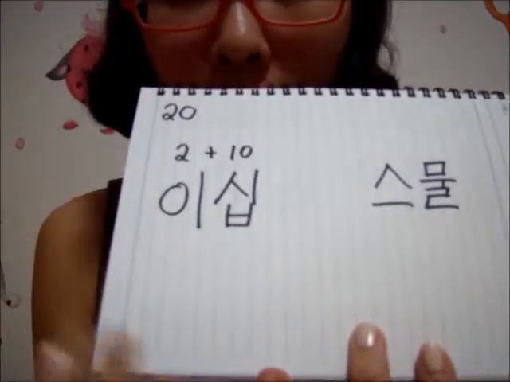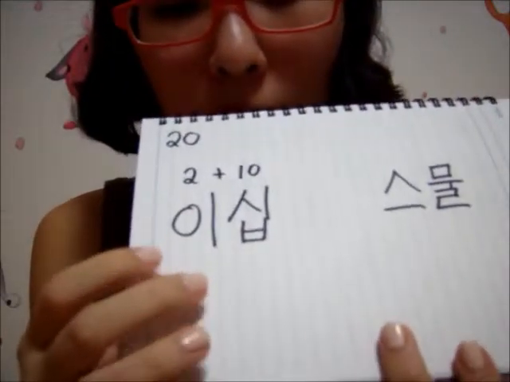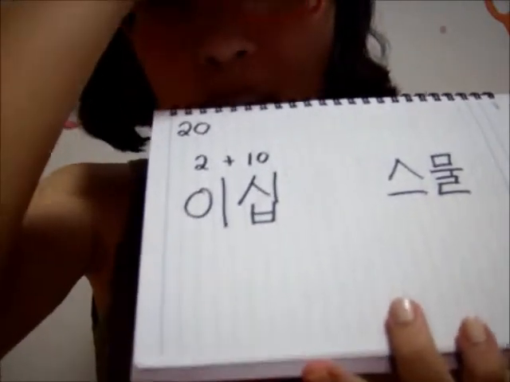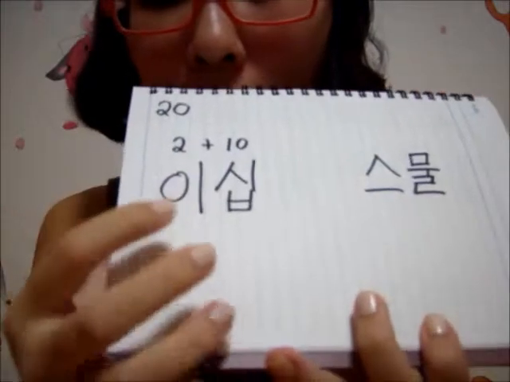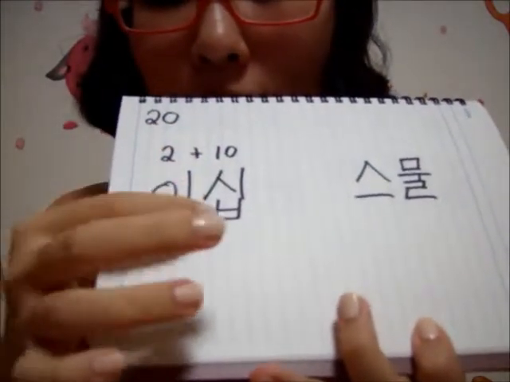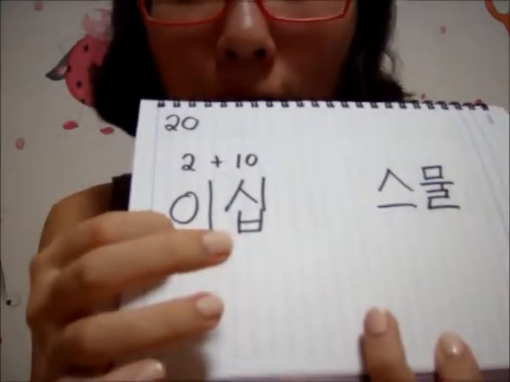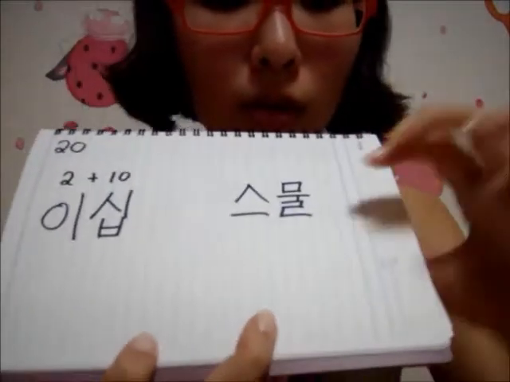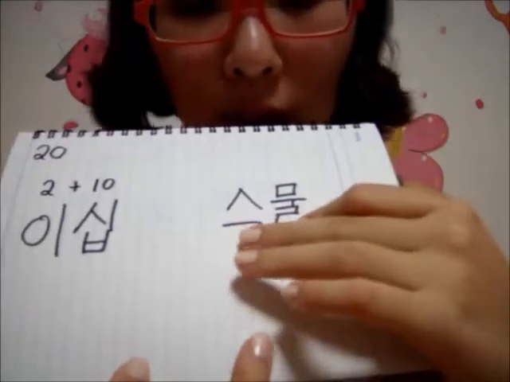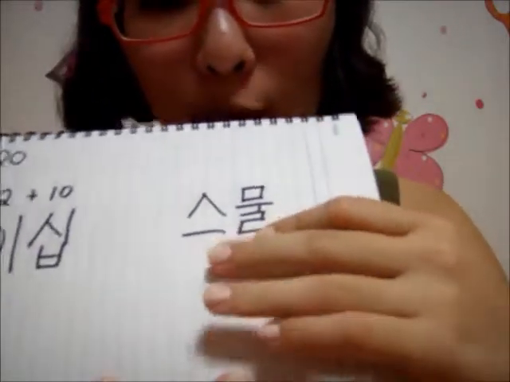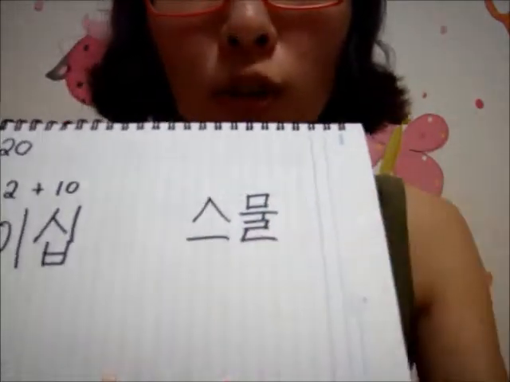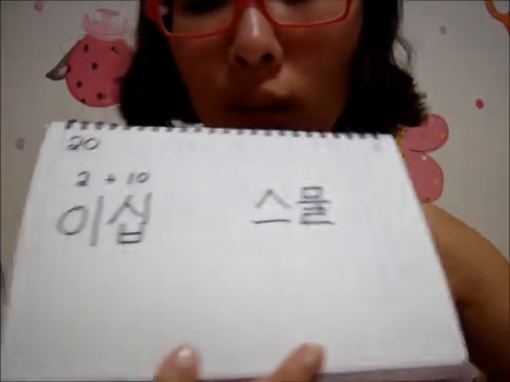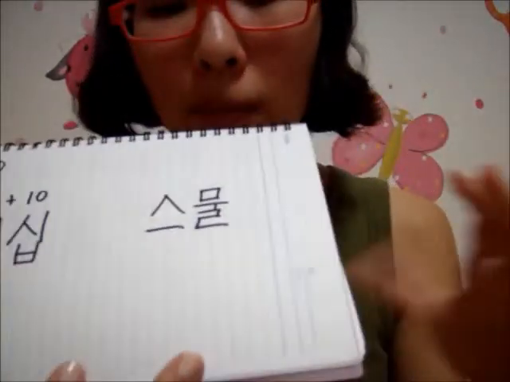If you were saying 12, it's 10 and then 2. This is counting things, which is irregular, and you have to memorize it, just up to 100. At 100, they start to be the same word.